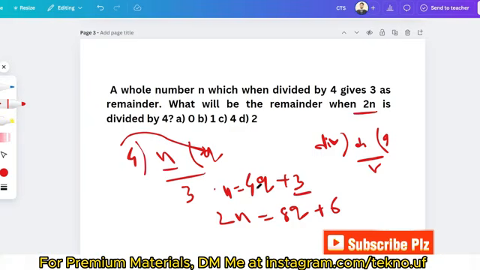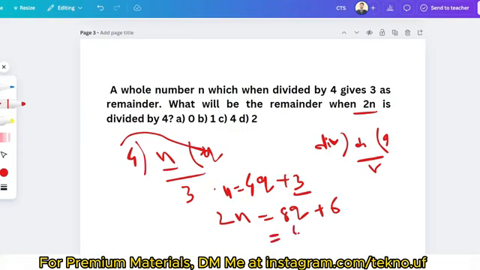Because we have to find the remainder when 2n is divided by 4. I can write this 6 as 4 plus 2, so taking 4 common, 4 into (2q plus 1) plus 2.